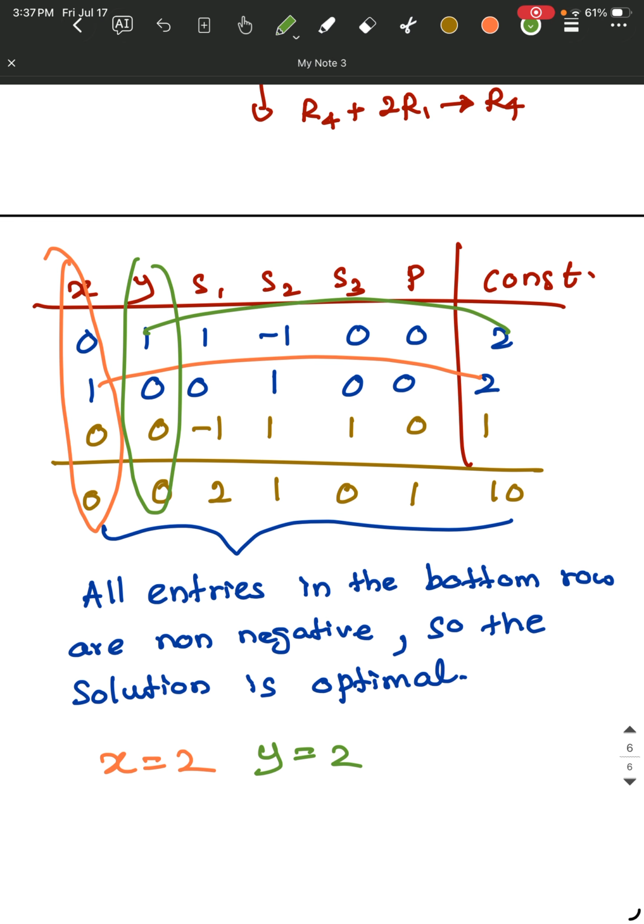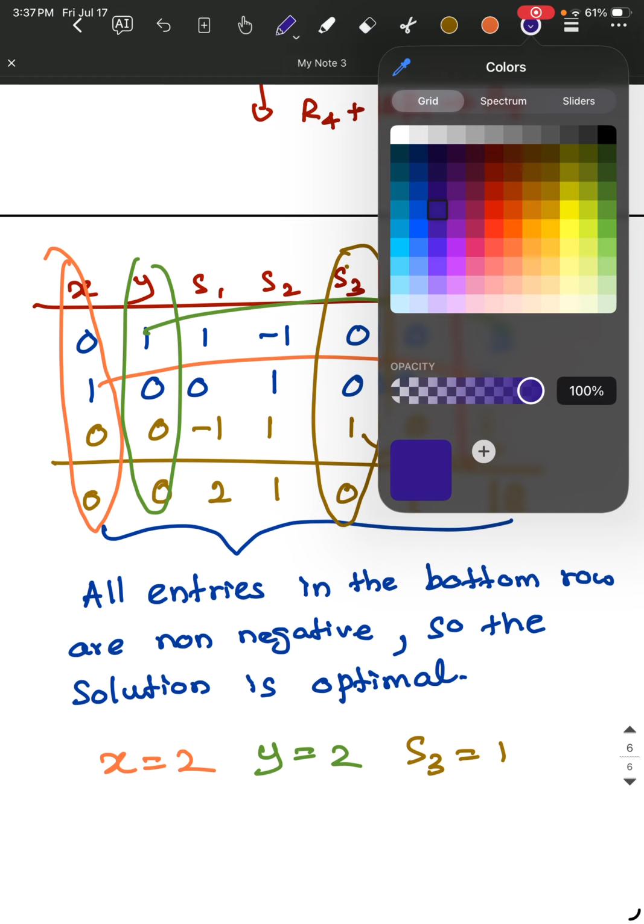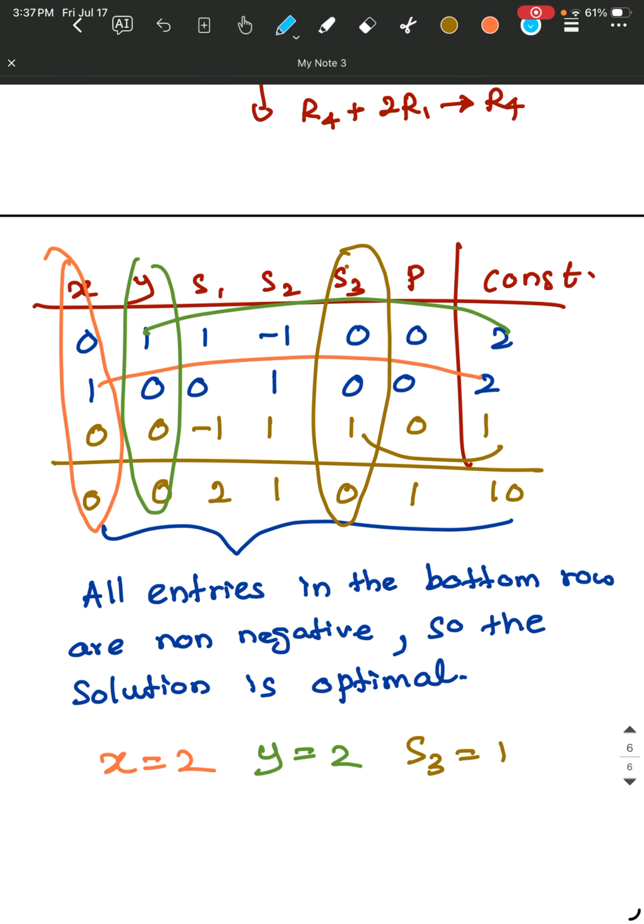The unit column here is S3, the entry is S3 equals 1, and the last one we have the unit column p, the corresponding entry 10.